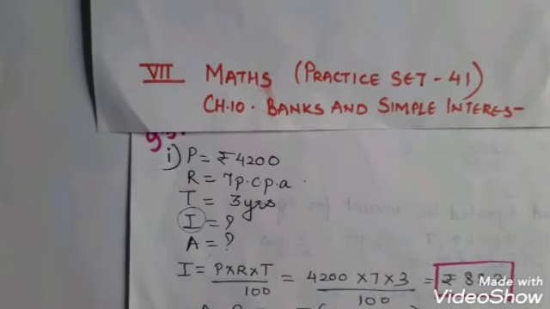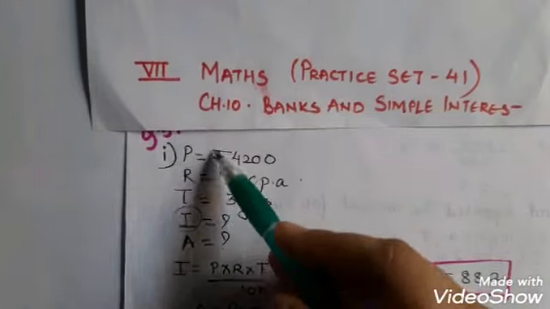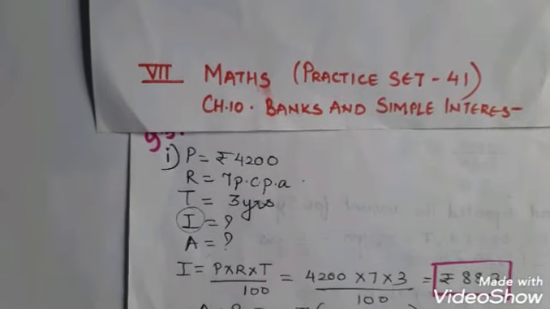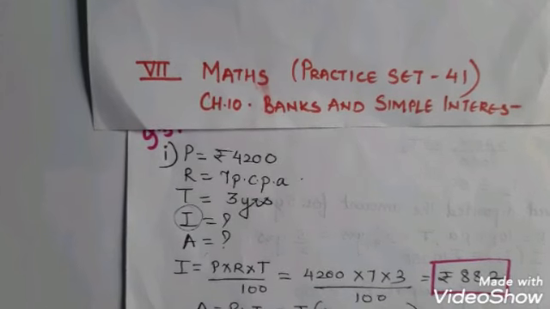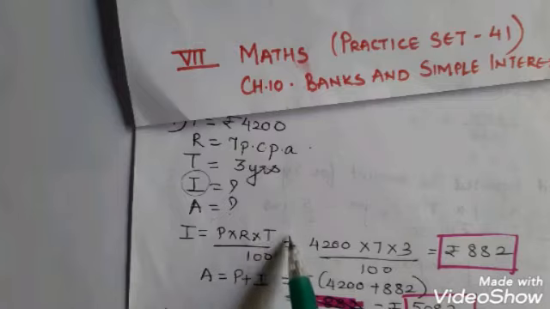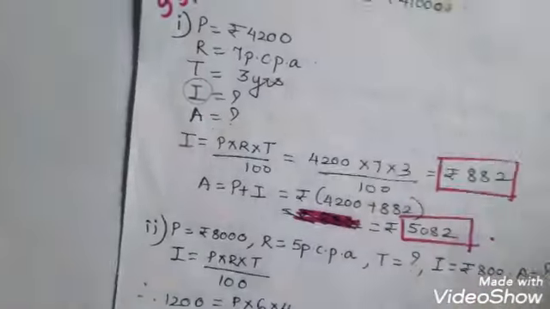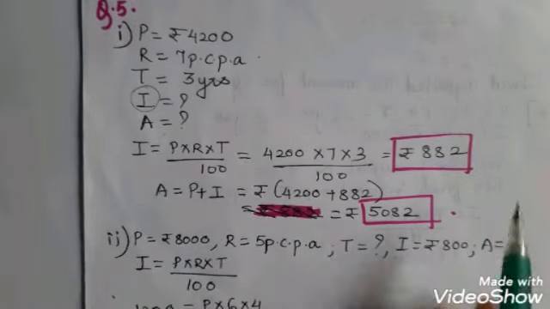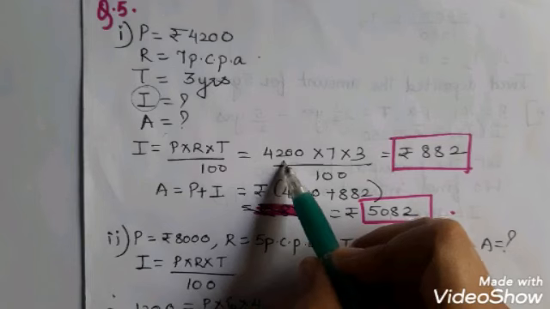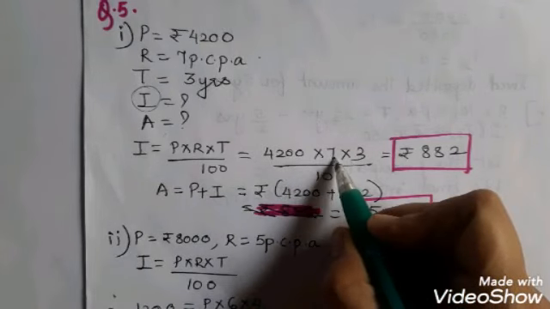Now to find the interest, we know P, we know R and we know T. So we are going to use the formula of interest, that is equals to P multiplied by R multiplied by T upon 100.